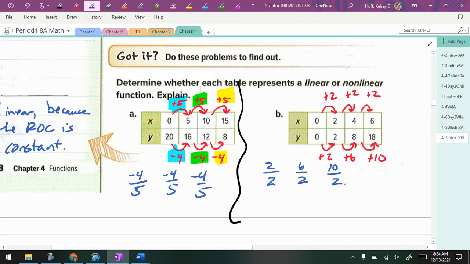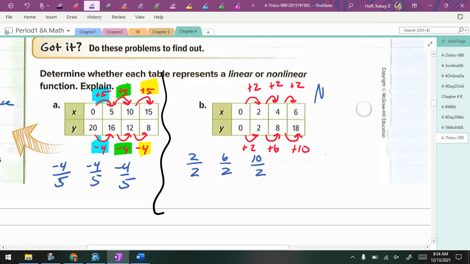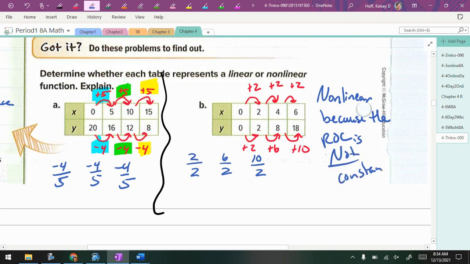Now they all have the same denominator, but look at the numerators. They're all different. So it's non-linear because the ROC is not constant. Non-linear because the ROC is not constant.